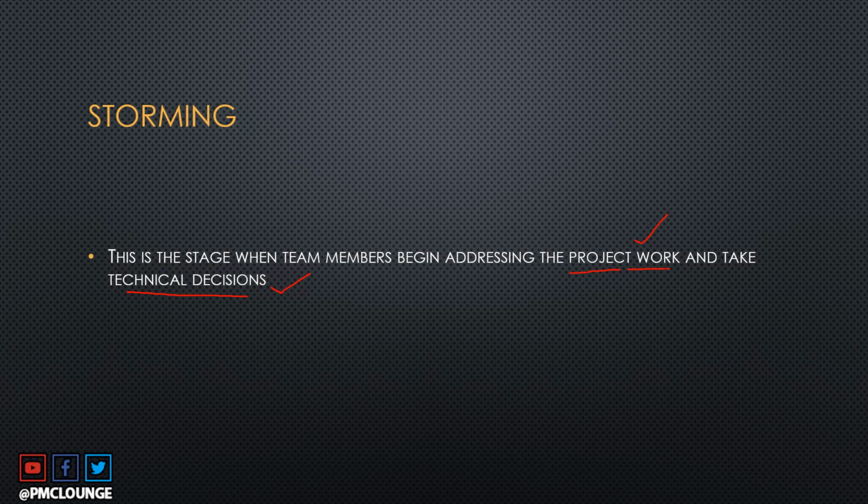They may speak different languages. They may have their own set of beliefs. And when you start working on the project, when you start taking technical decisions, those beliefs and varied backgrounds may come in the way of the team working together as one unit. And that is precisely the stage of storming, aptly named, right?